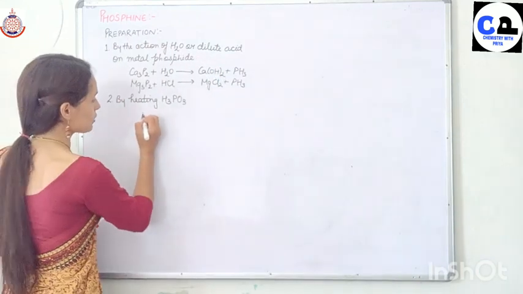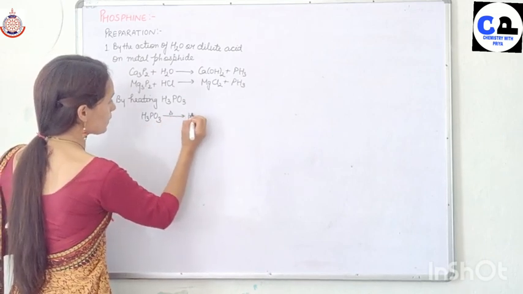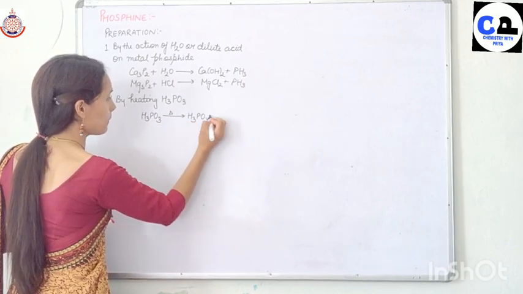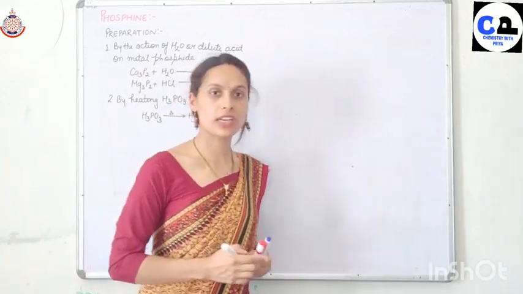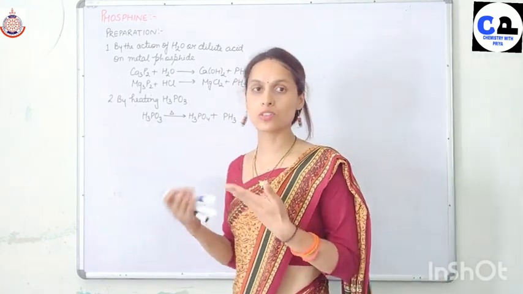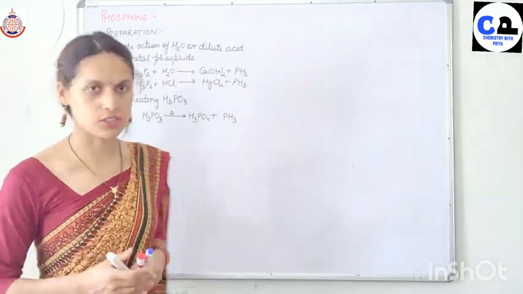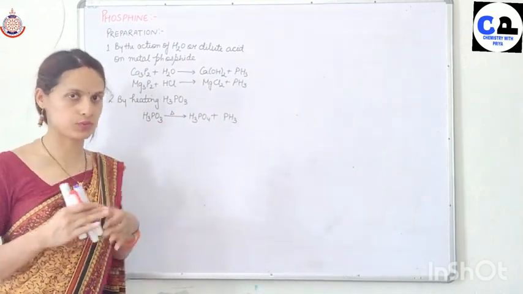So H3PO3 on heating gives H3PO4 plus PH3. This is a disproportionation reaction, a reaction in which a single substance undergoes both oxidation as well as reduction. By this method also we can prepare phosphine.